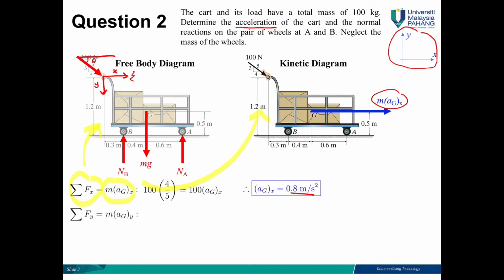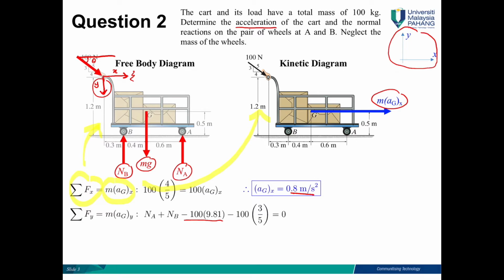Now we go to the second equation, sum of Fy equal to magy. You have a few forces in y-axis. The weight is negative y, Na positive, Nb positive, and don't forget this force here, 100 Newton in y-axis. So you have Na plus Nb minus the weight, this is the weight, minus 100 multiplied with 3 over 5.